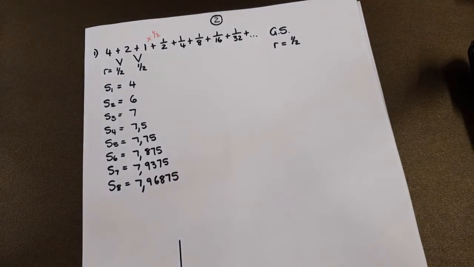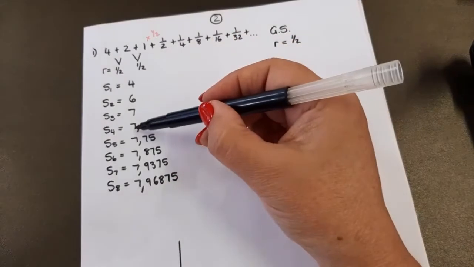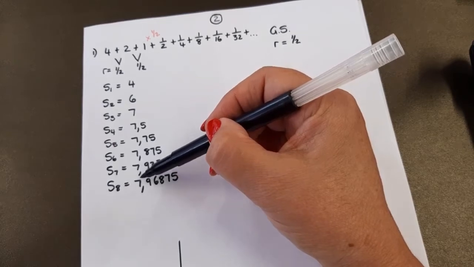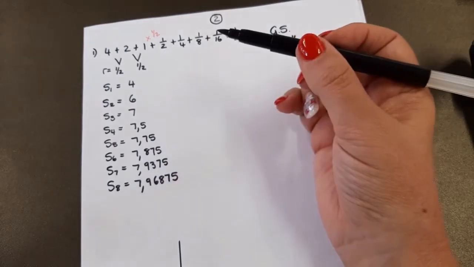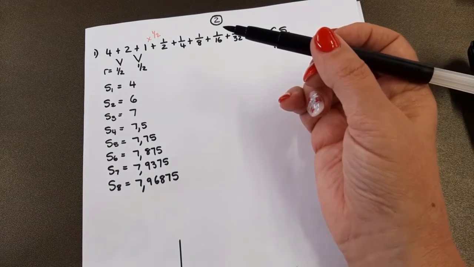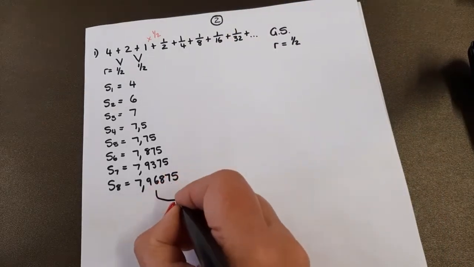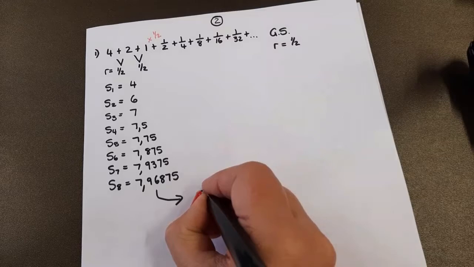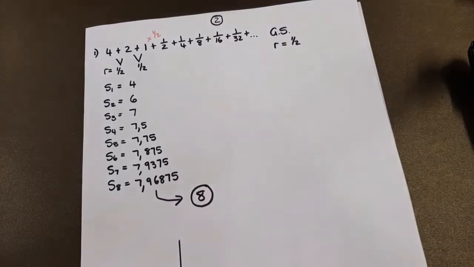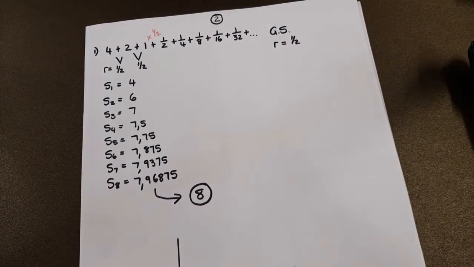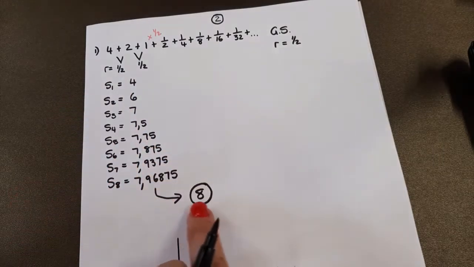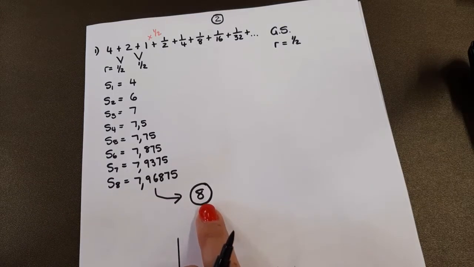And what can you see? That we are going closer and closer to the number 8. So this series definitely converges because it goes closer to a certain value.